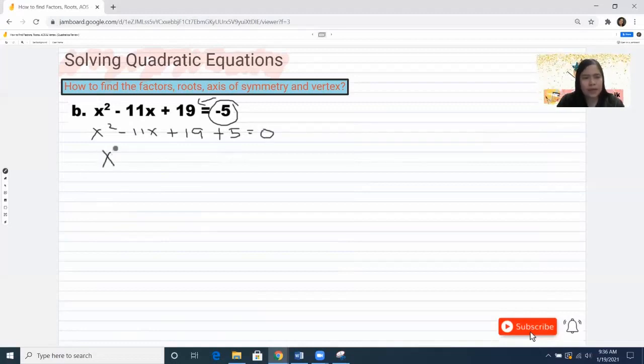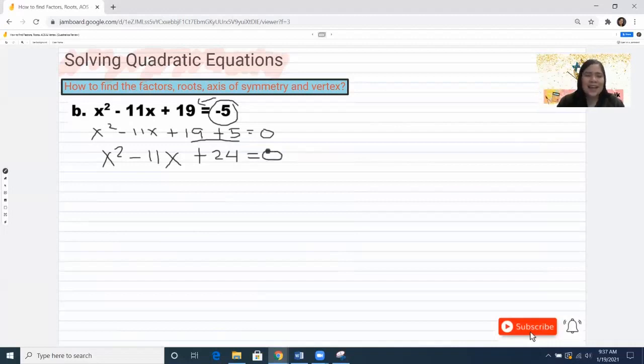We'll have x squared minus 11x plus 19 plus 5. We can simplify 19 plus 5 because they are both constants, by the rule of combining like terms. So 19 plus 5 will give 24, equals 0.